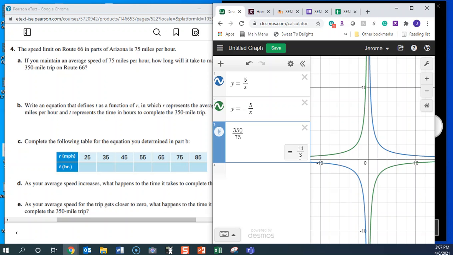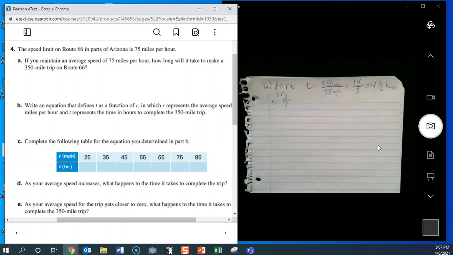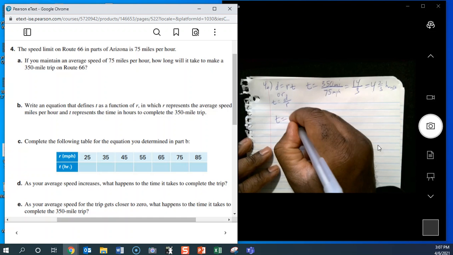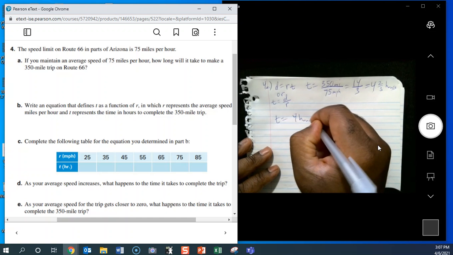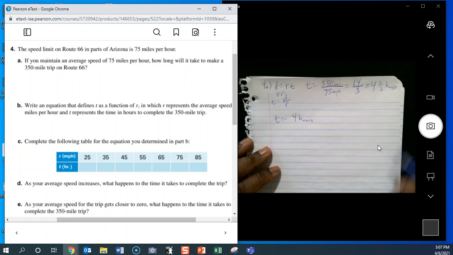So now, I don't know if they wanted this in hours and minutes, or they just said how long. They didn't say, but let's assume that they do. So we know this 4 here would be 4 hours, but we will have to change this 2/3 hour into minutes.